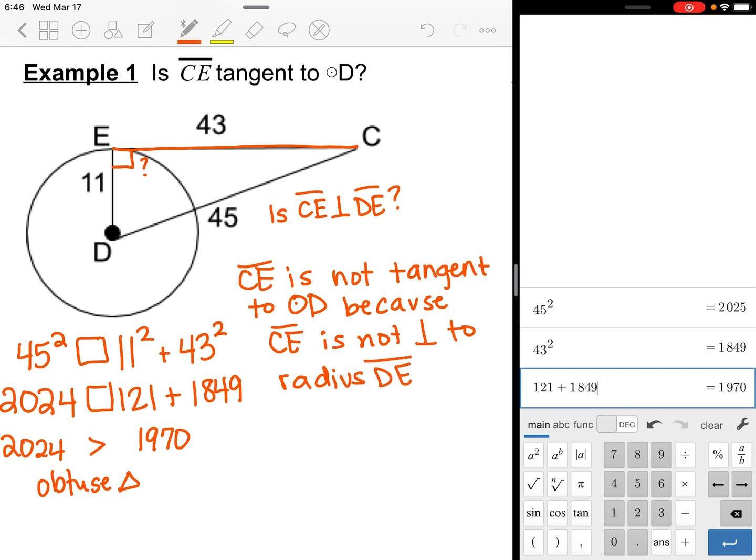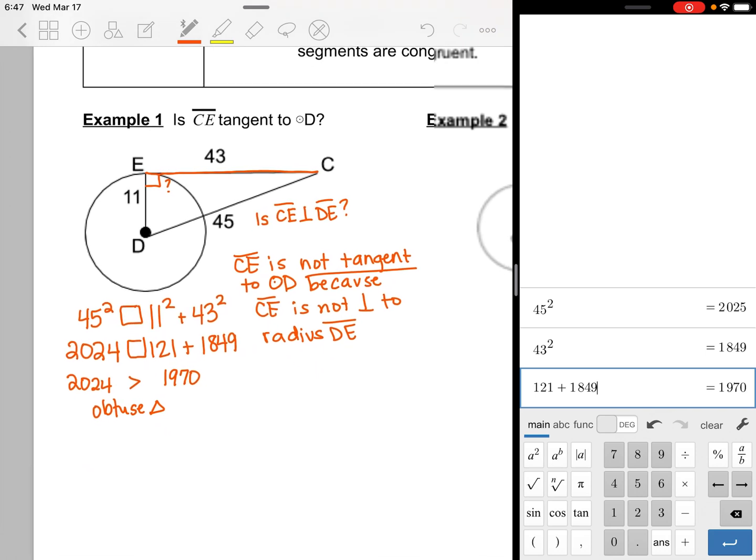So since it wasn't true that the segment was perpendicular to a radius, then it's not a tangent. So this is no.